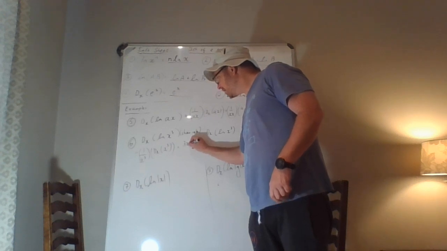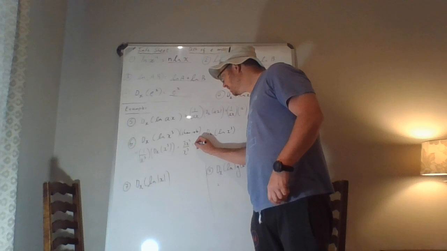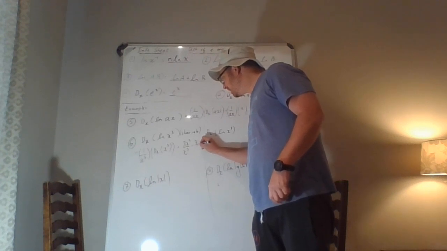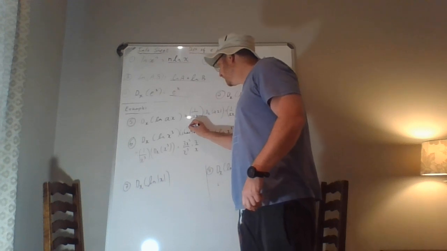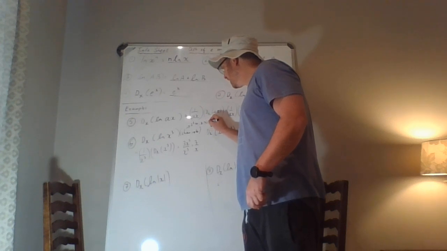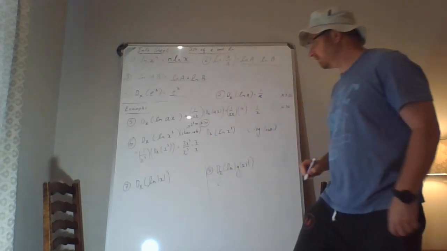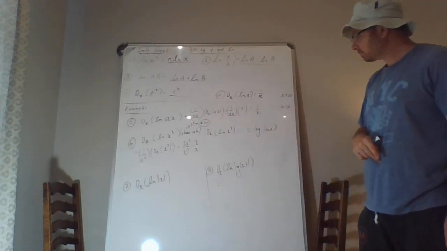So it'll be 3x squared over x cubed, which is 3 over x. Our restriction is that x cubed has to be bigger than 0, and for x cubed to be bigger than 0, x has to be bigger than 0. So you end up with 3 over x, where x has to be bigger than 0.